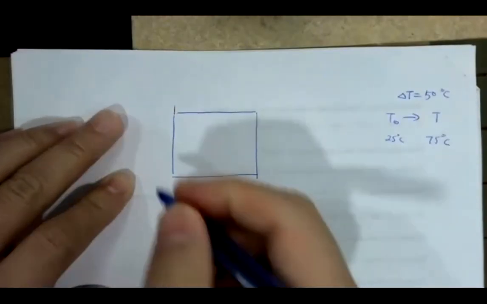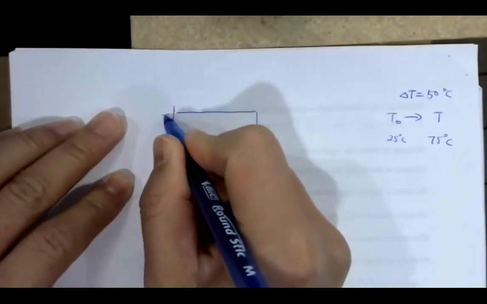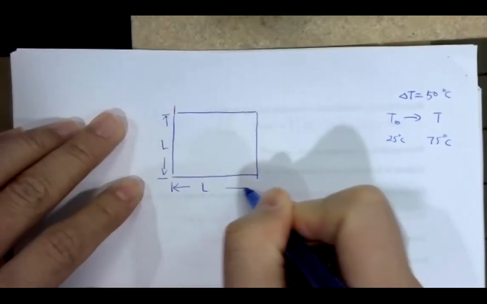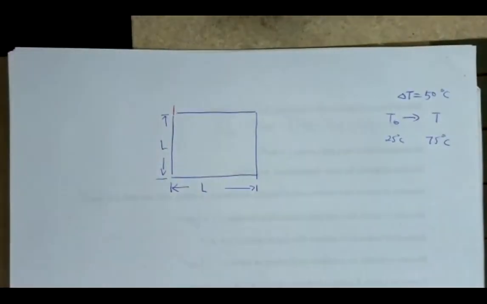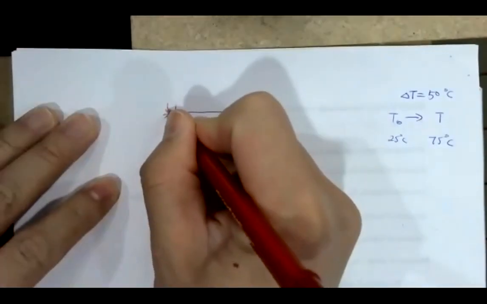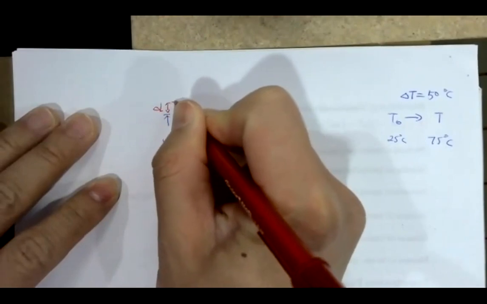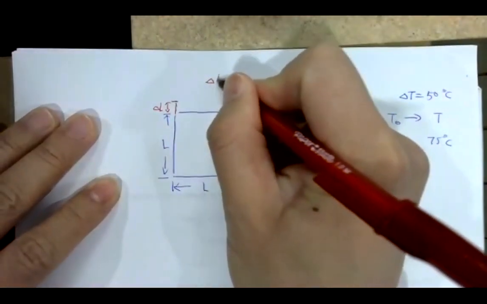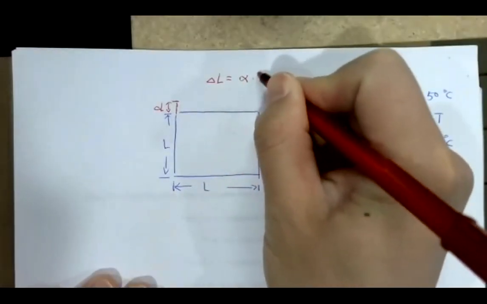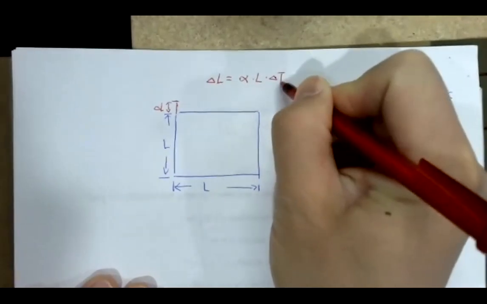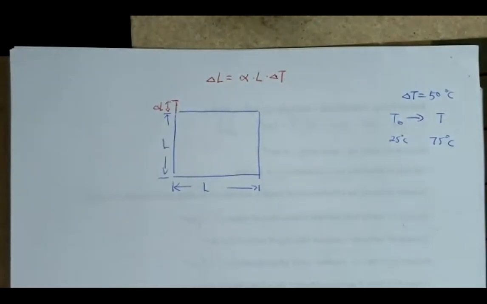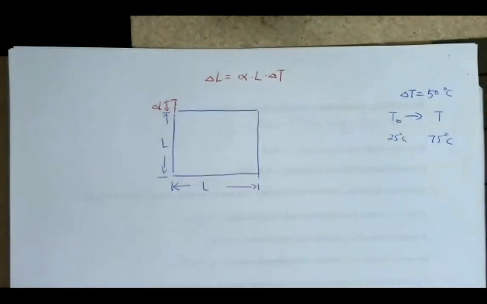Let's say the original dimension here is L, and for the square this is also L. Now, according to one-dimensional expansion, we know that this is going to expand by an amount delta L, and delta L should be equal to alpha times L times delta T. If you go a couple of slides back, when we defined the coefficient of linear expansion, this is what it is.